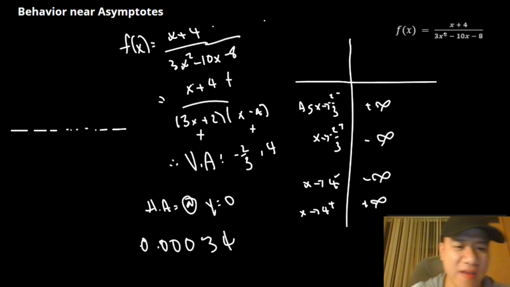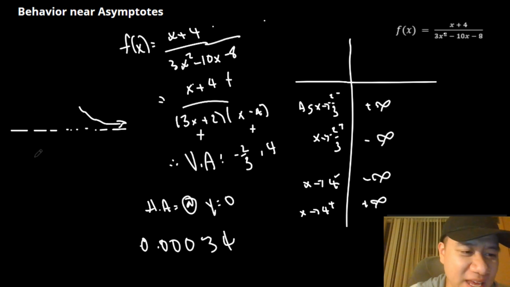So what this means is our function must be approaching our horizontal asymptote from above when x is going to positive infinity.